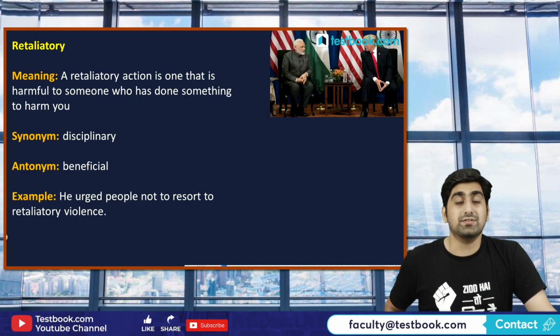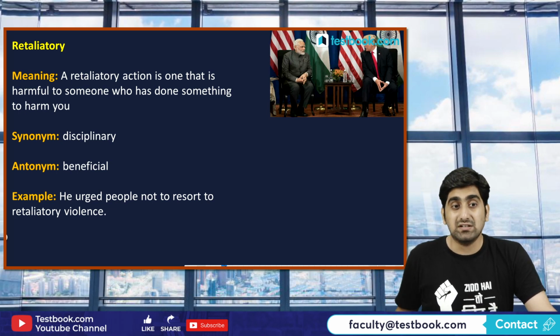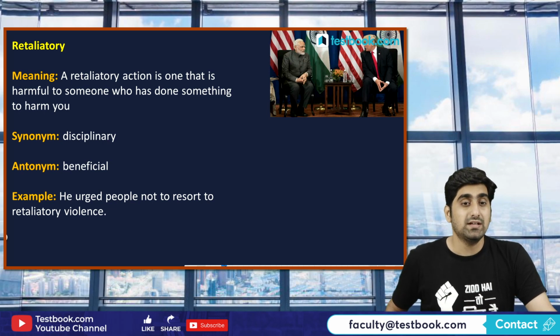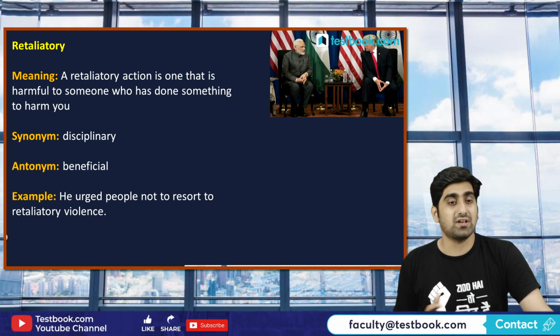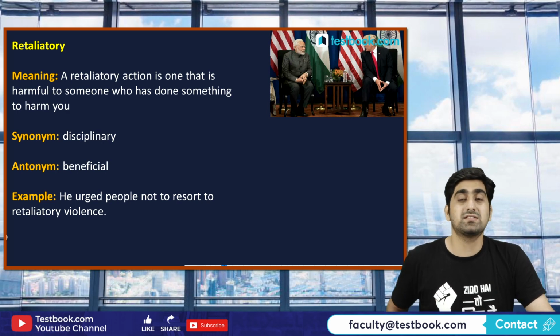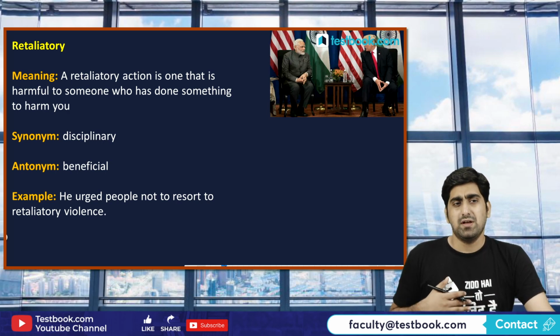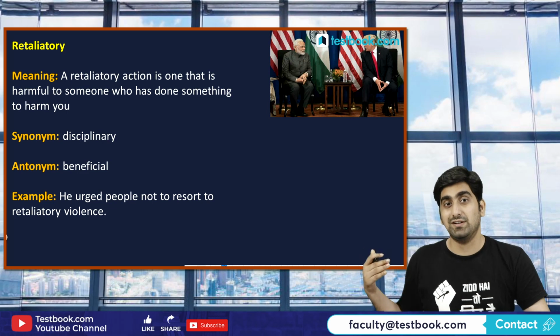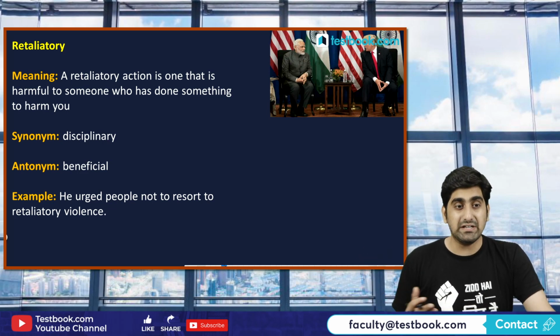And the second word right here is retaliatory. What does it mean? A retaliatory action is the one that is harmful to someone who has done something harmful to you. So as far as the context is concerned, if you take action against somebody who was against you a moment earlier, that is called retaliatory.